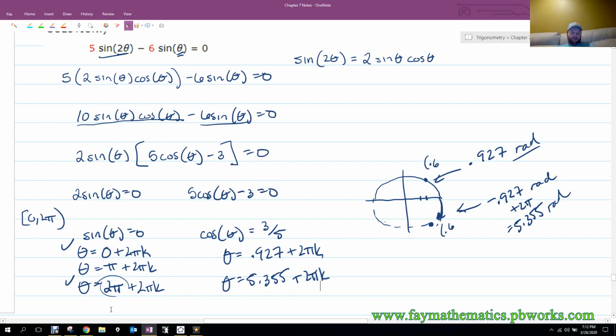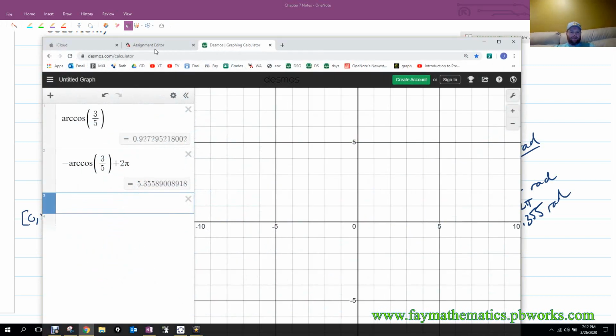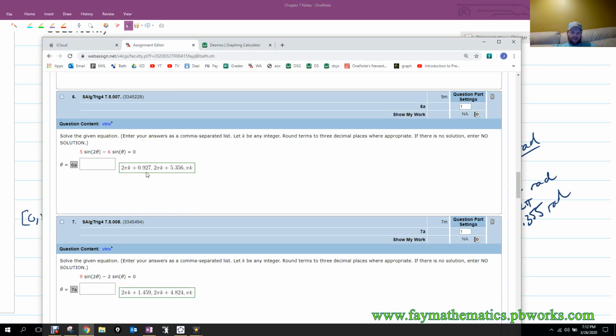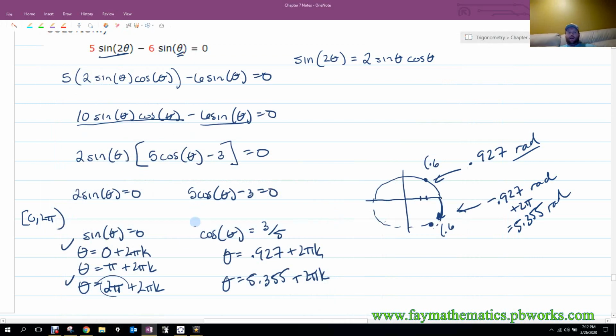I'm going to go back to WebAssign, take a peek at that real quick. You see that we get 2 pi k plus 0.927, we get 2 pi k plus that one, and we also get pi k. Now, I don't think you're going to be wrong by typing in what we had, okay? But think about it: if k is 0 for this one, you get 0.